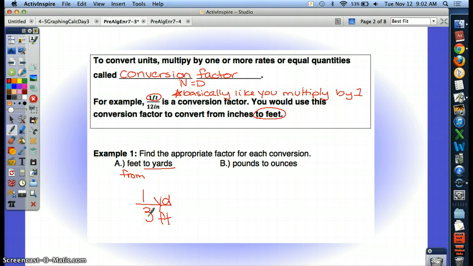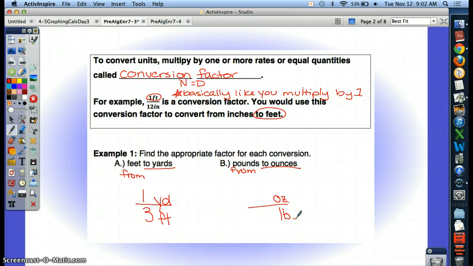Try the next one. If I want to convert pounds to ounces, I want to end up with ounces, I'm converting from the pounds. Remember your "to," that's what I want to end with, so that's going to go on top. To abbreviate ounces, it's OZ. And what I came from was the pounds, so it's LB. Now, how are they related? How many ounces equal how many pounds?